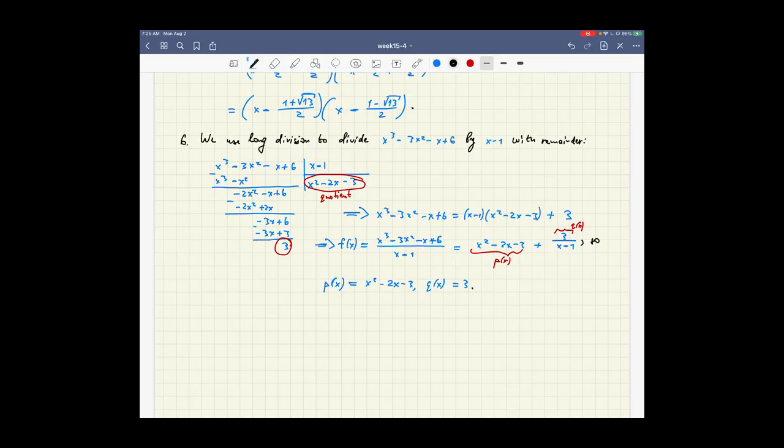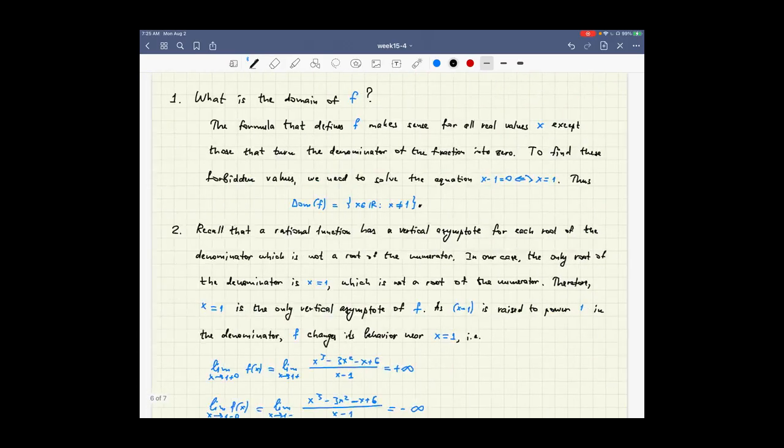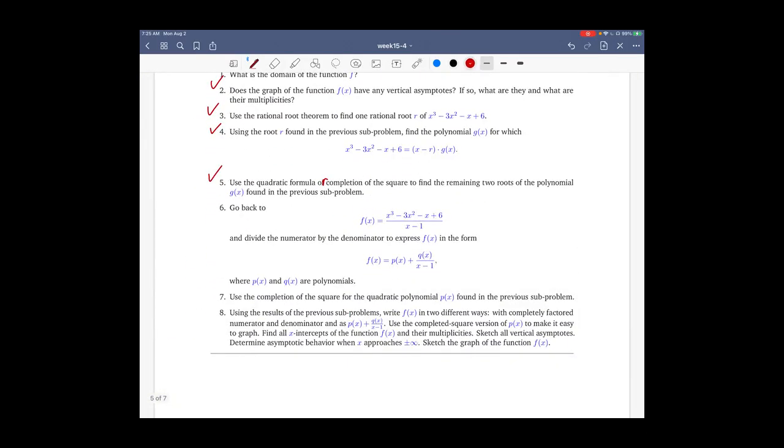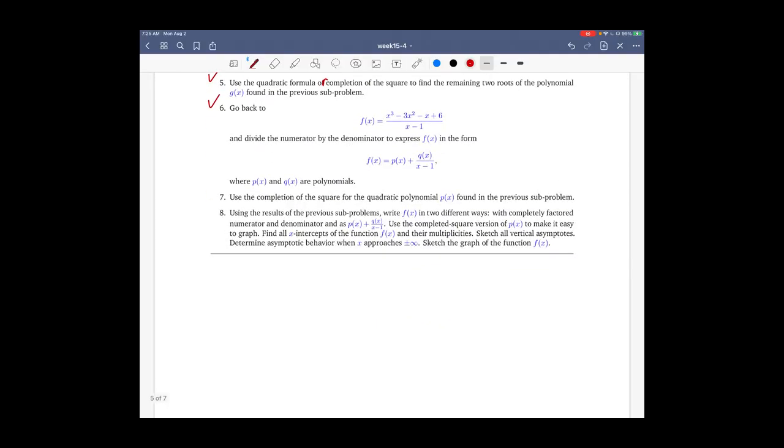And part 6 is now over. All right, now in part 7, we need to complete the square in the polynomial p found in the previous subproblem.